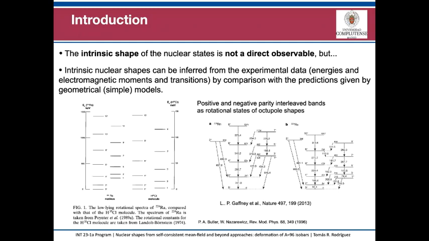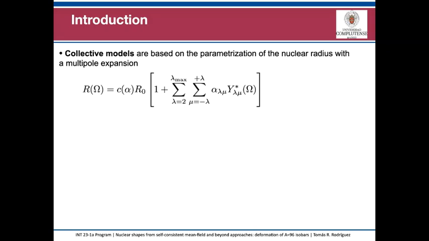But again, this is something that we have to compare with models. It's model dependent, and these are our measurements, and we interpret this data as if there is something with a given shape.